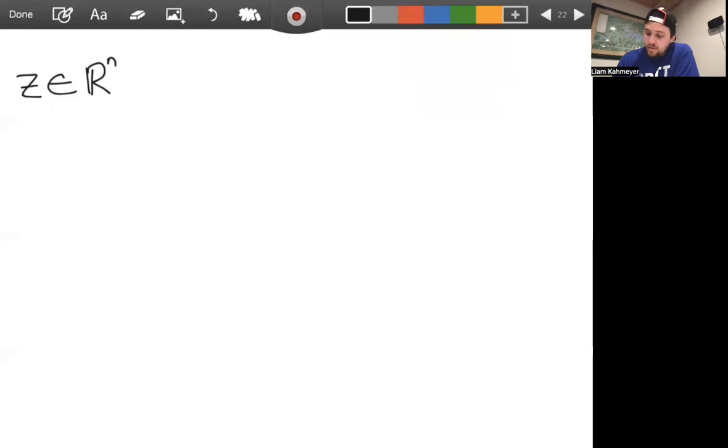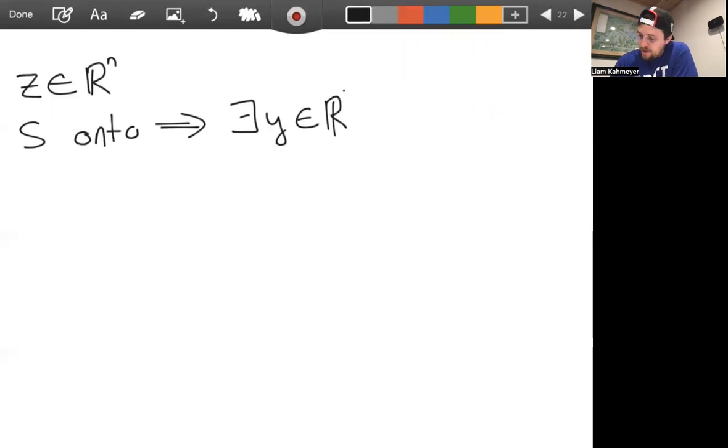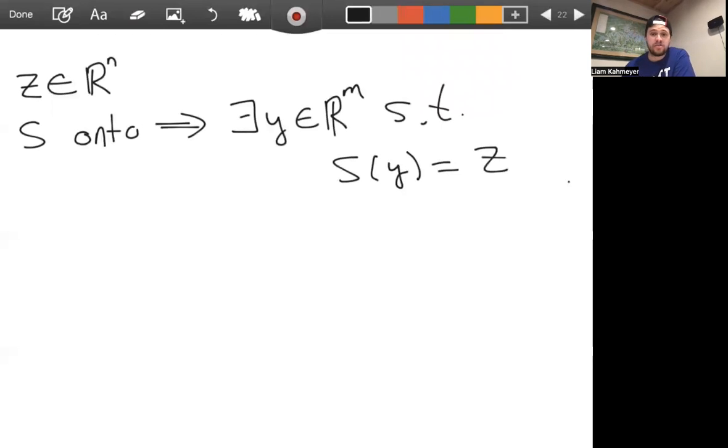Where can we go from here? Well, S is onto. What does that mean? That means there exists a Y in Rm such that S of Y equals Z. That's exactly what it means for S to be onto. That's the definition of surjectivity for the map S.